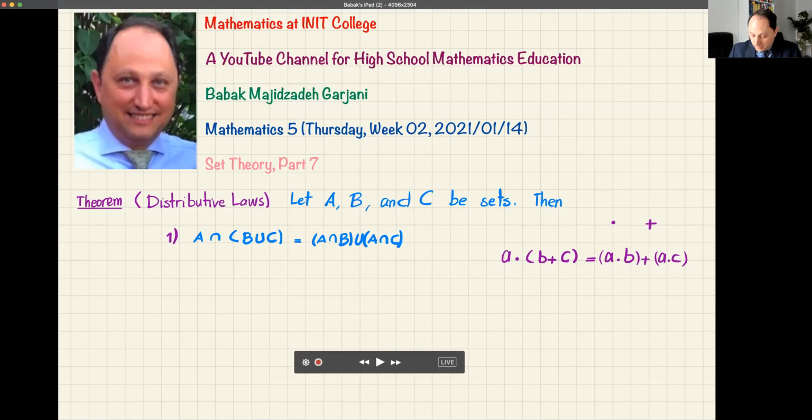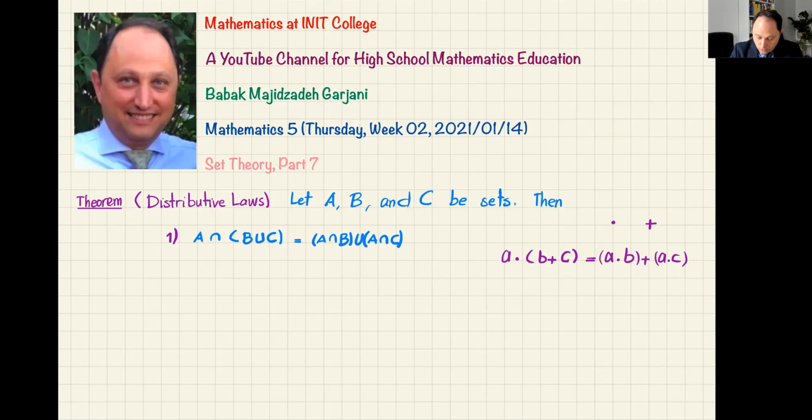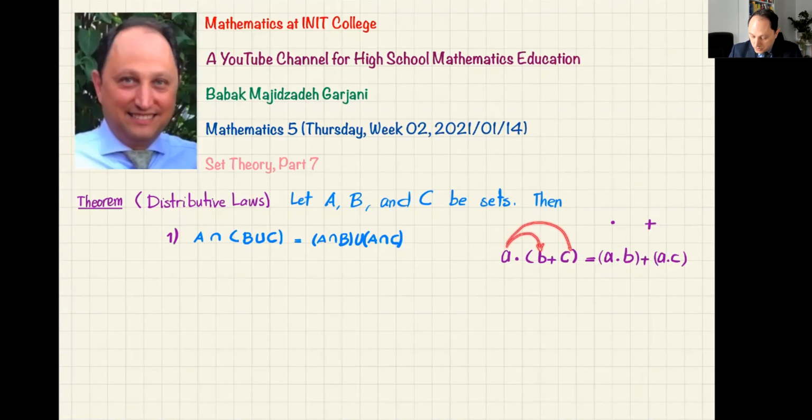This means that multiplication is distributive over addition. So I can take this A and distribute it inside this pair of brackets, which of course is a very elementary thing for you right now.